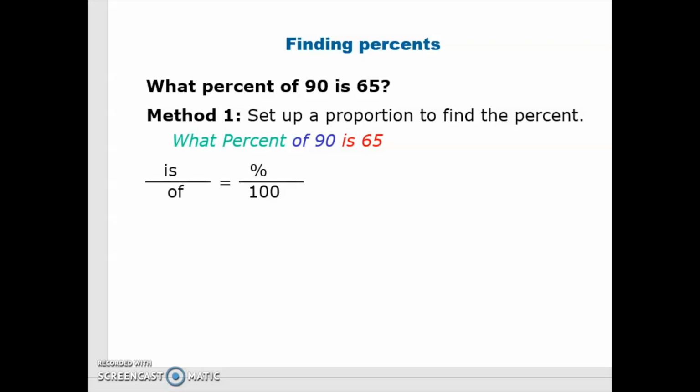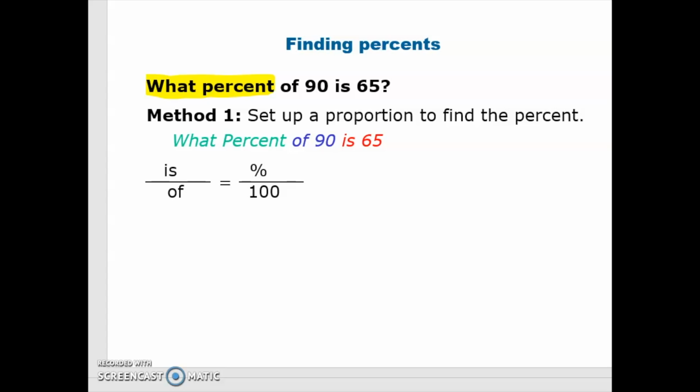So here we go. We have the problem, what percent of 90 is 65? So if I'm reading across this problem, I see the words what percent. That tells me that my percentage is unknown.